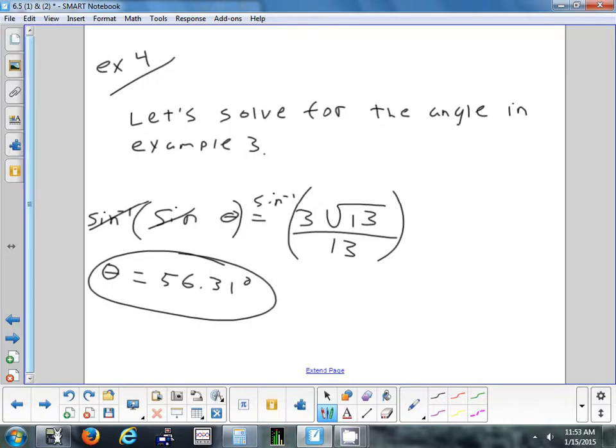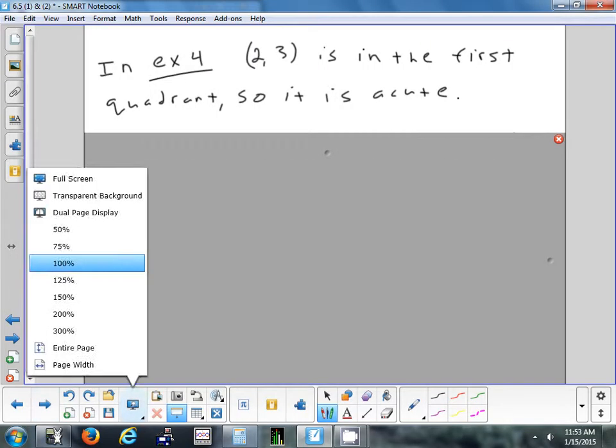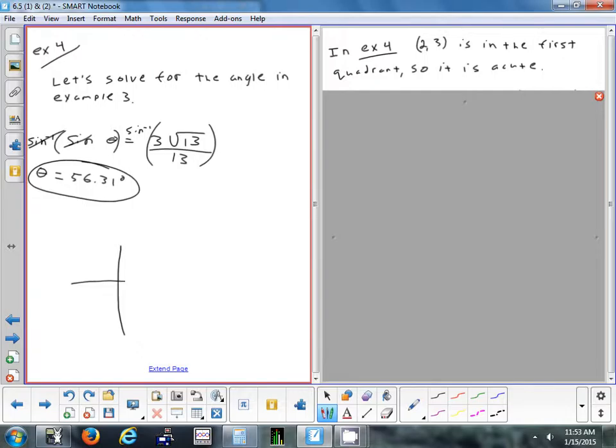And it makes sense that we should have been able to figure out what it was between, because the point 2, 3 is in the first quadrant. If you think about all your angles in the first quadrant, this is how you number. If you were on a circle and you started going around, you start with 0, 90, 180, and 270.